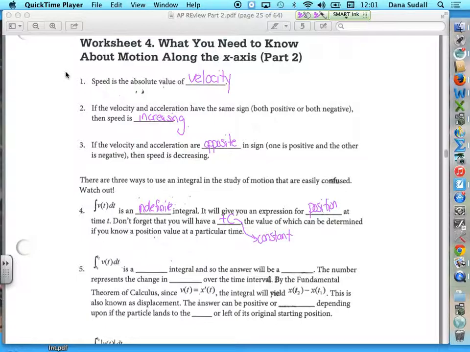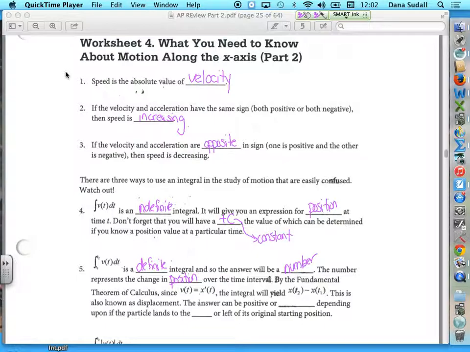For number 5, this integral has bounds on the ends, so this is a definite integral. So the answer will be a number, and the number will represent the change in position of the function over whatever particular time interval.